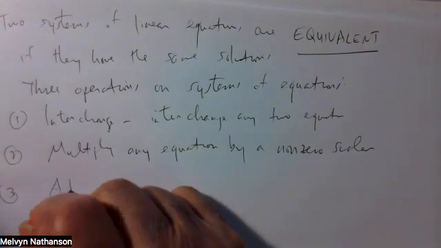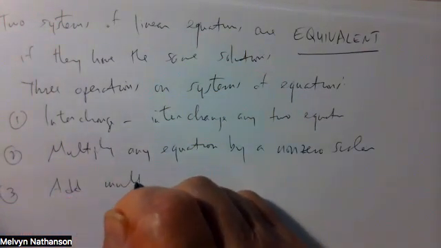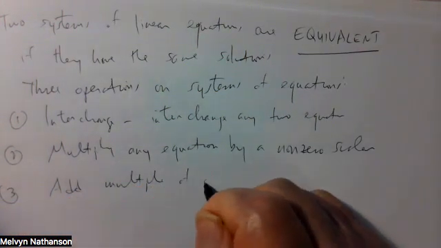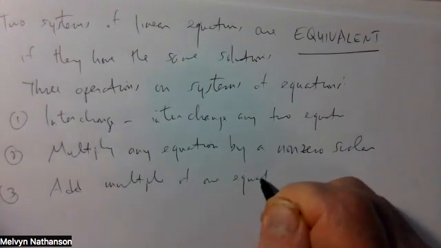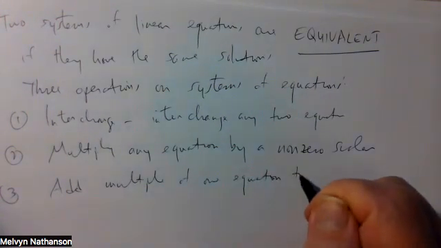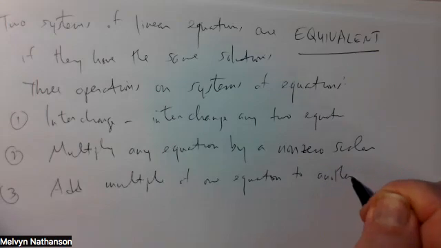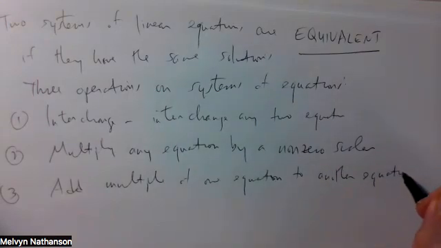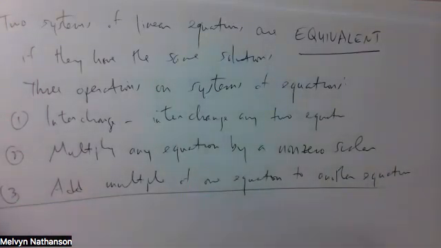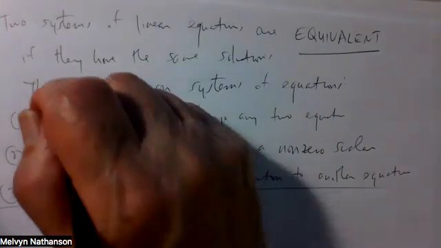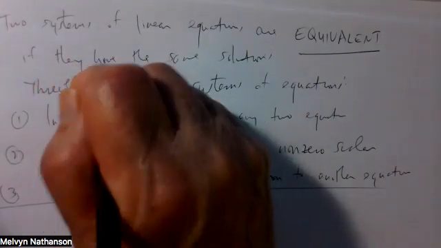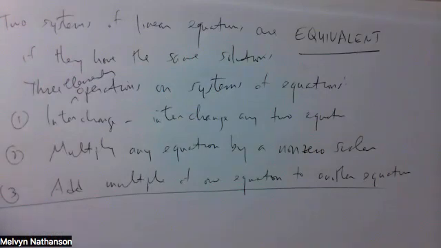And third, you can add a multiple of one equation to another equation. All right. So these are the three elementary operations on a system of equations that produce equivalent systems.